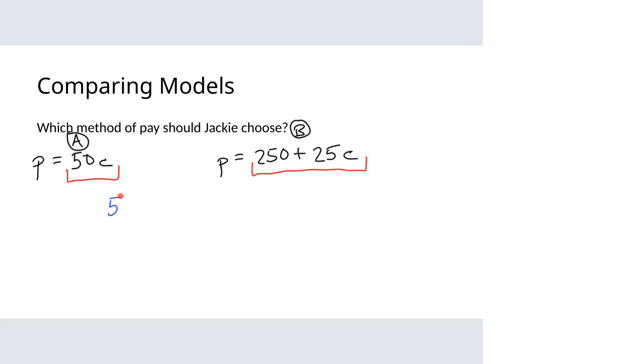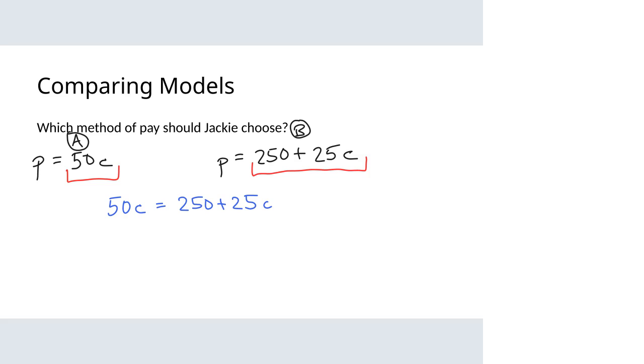When would 50C equal 250 plus 25C? And what we're doing here in setting up this equation is figuring out how many computers Jackie has to sell for the pay to be the same either way. That'll be sort of our starting point.